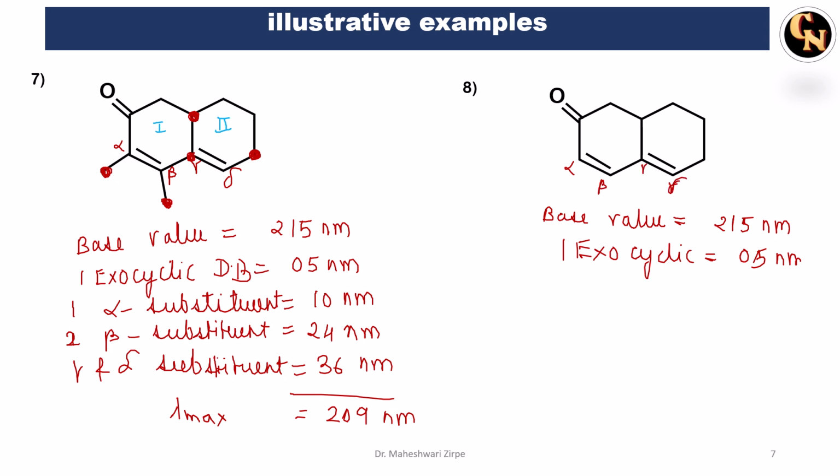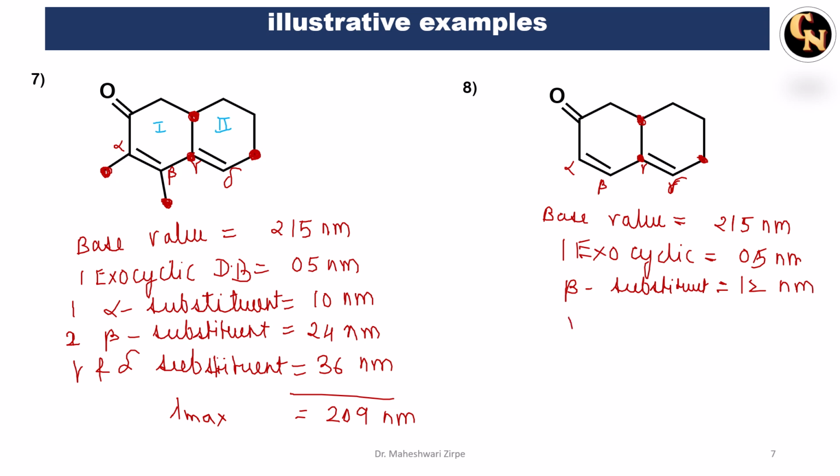Alpha we don't have any, beta we have one substituent, gamma we have one substituent, and delta we have one substituent. So in total we have three substituents. The beta substituent is 12, so we are going to add 12 nanometers.